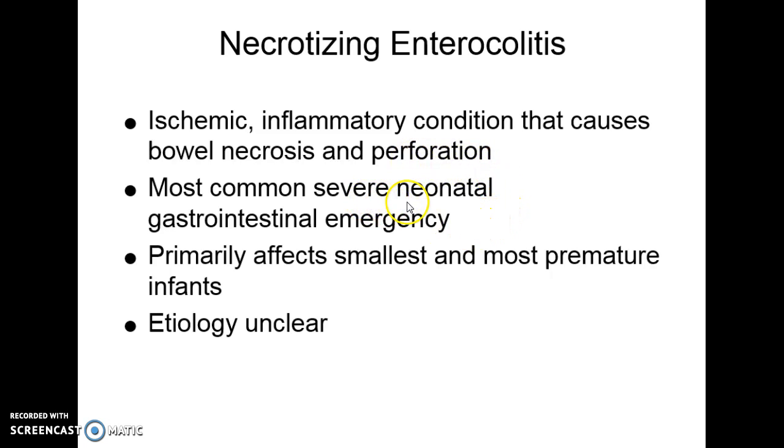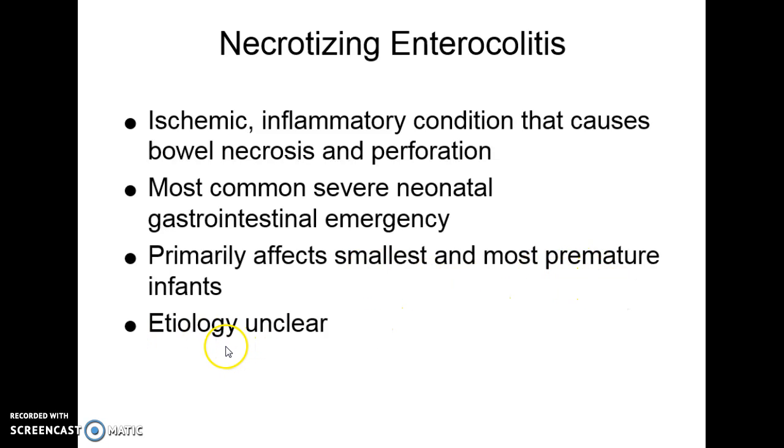Most common severe neonatal gastrointestinal emergency, and this is what's going to happen, say, if you had an appendix rupture. Right? That's the perforation in terms of releasing material into the peritoneal cavity. Primarily affects the very small and the premature infants.